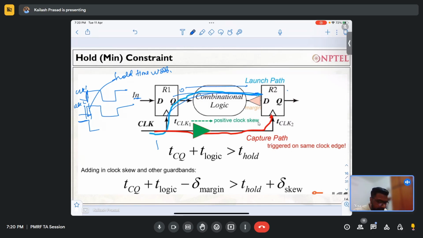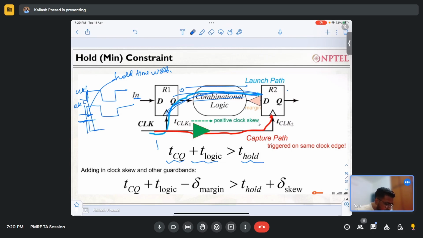It means that whatever the delay of this path is, what is the delay? Delay is t clock to q plus t combinational logic. That should be greater than the hold time, whatever the time it is. So this delay should be greater than that, such that the data changes after that, and then there won't be any problem.